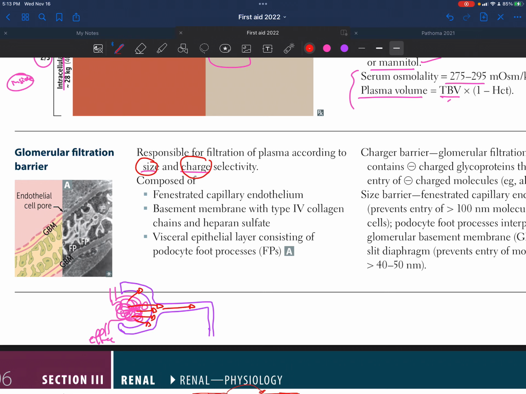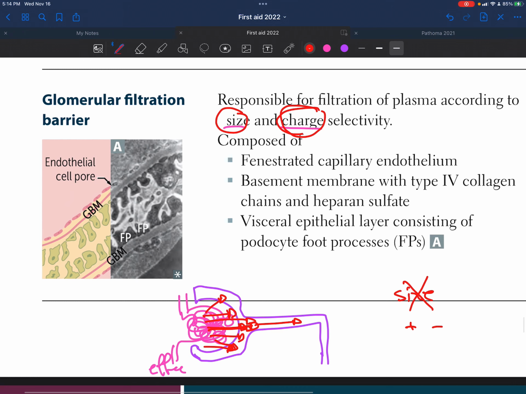If substances or solutes have a certain size, they will not be allowed to leave the blood into the urine. And some, depending on their charge, positive or negative, will also not be able to leave the blood. The barrier itself consists mainly of three parts.